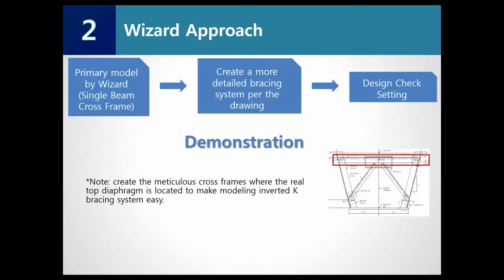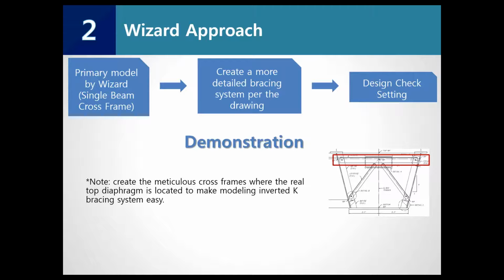So first, by using the widget, you can build up the basic frame in horizontal alignment and vertical alignment and define the other loads such as wet concrete loads or wearing surface loads. Also, the construction stages are determined with ease through the widget.